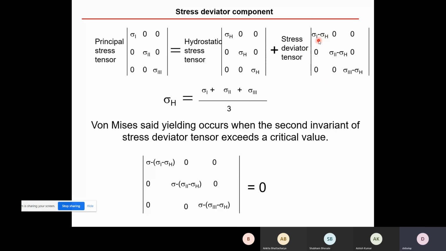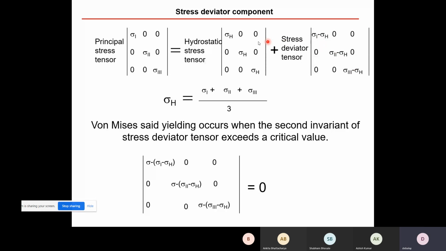You can write it as within brackets (sigma 1 minus sigma 2) plus (sigma 1 minus sigma 3), divided by 3. Similarly, this term you can write as (sigma 2 minus sigma 3) plus (sigma 2 minus sigma 1), divided by 3. Similarly, you can write this term. You can see every term in this is basically again coming back to the difference in principal stresses.